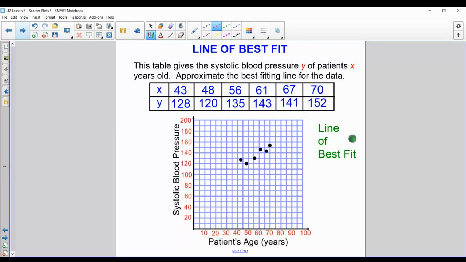Okay, once I plot the data, here's kind of my secret to getting a good line of best fit. What I do is draw a blob around the data. So then I'm going to draw a line that follows the trend of the blob and has about as many points above as below.